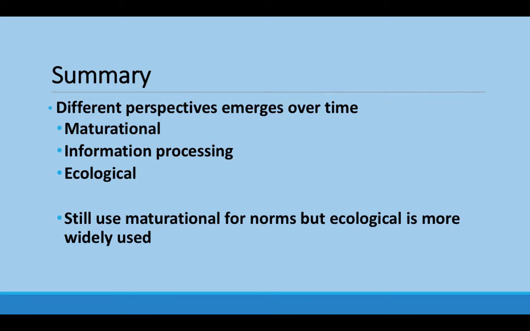And the ecological perspective takes into account how the constraints of the environment, the task, and the individual interact with one another. While we still use the maturational perspective for behavioral norms that are based on age, the ecological perspective is the current and more widely used perspective.